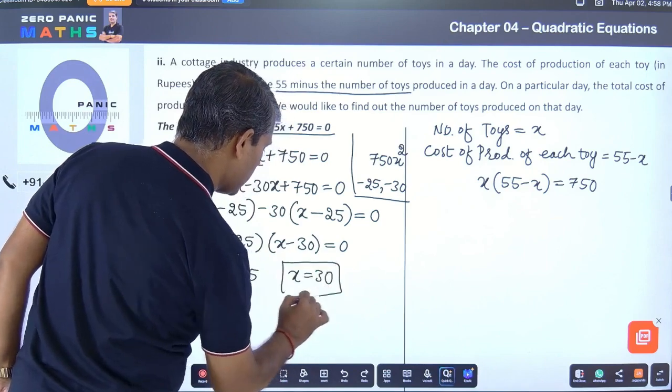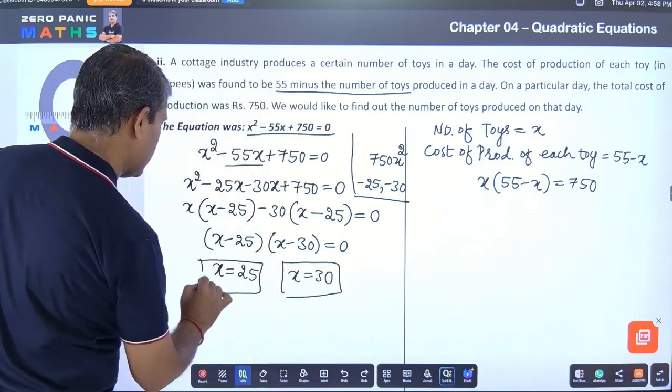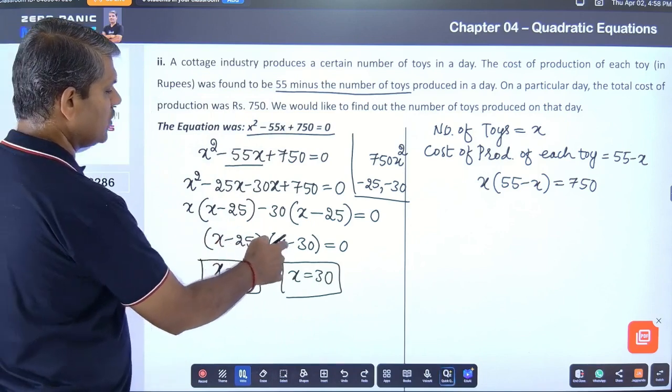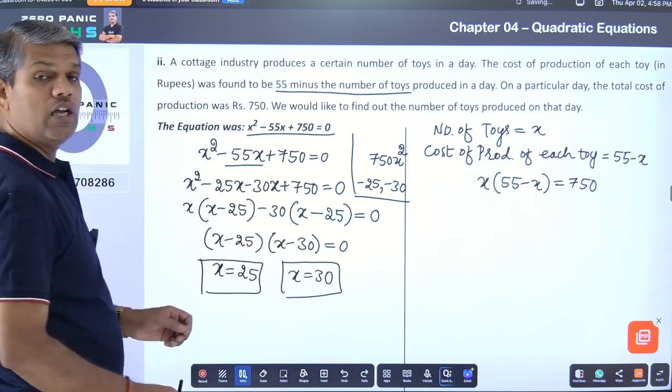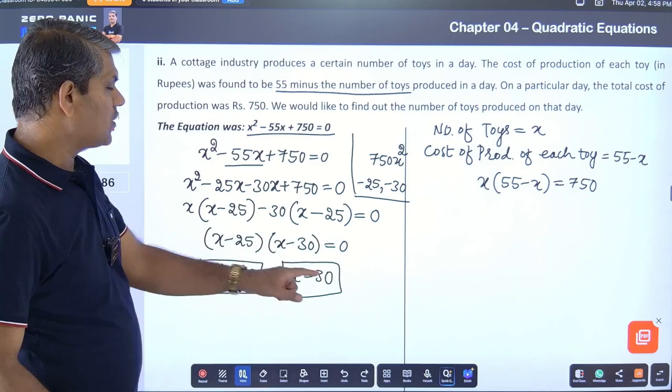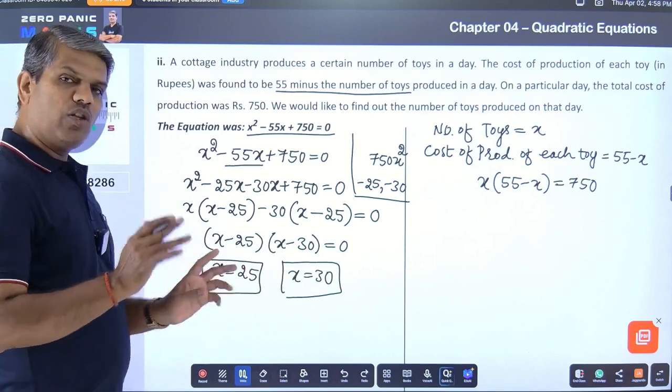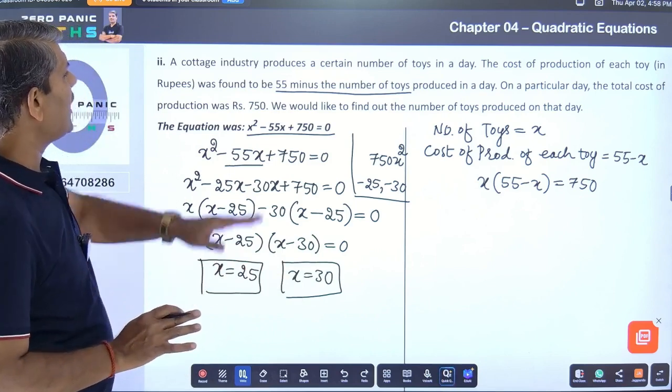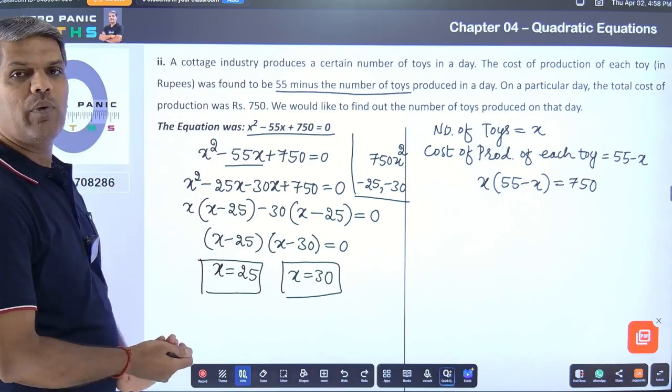You can write one more additional step: x minus 25 is equal to 0 and x minus 30 is equal to 0. You can add that step over here. So x equal to 25 and x equal to 30 are both positive values, and both can satisfy this given equation.